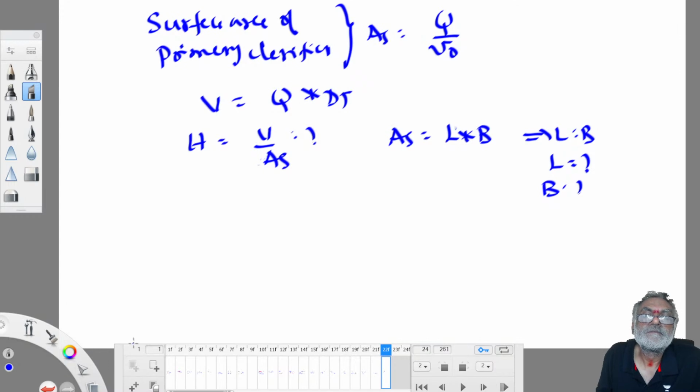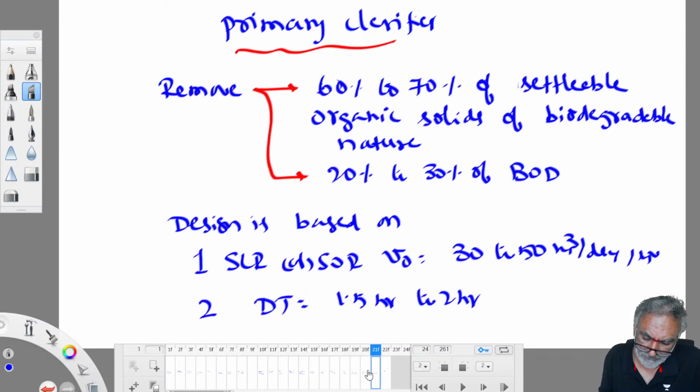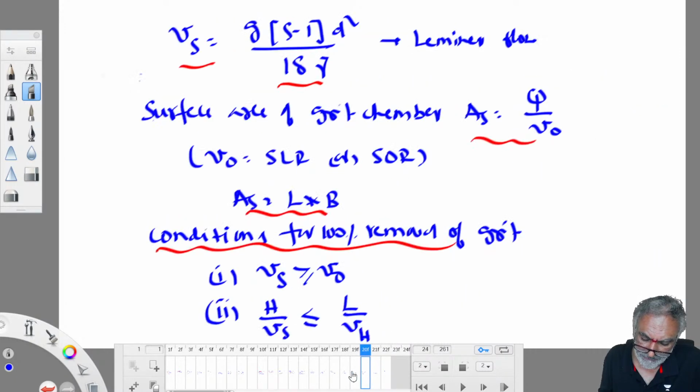Okay? This is how we can design primary clarifiers.